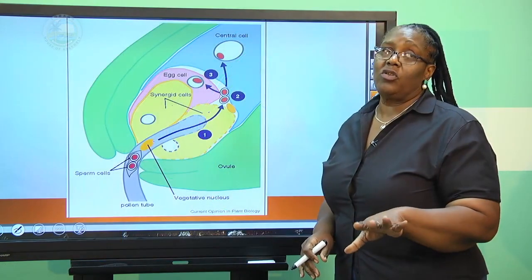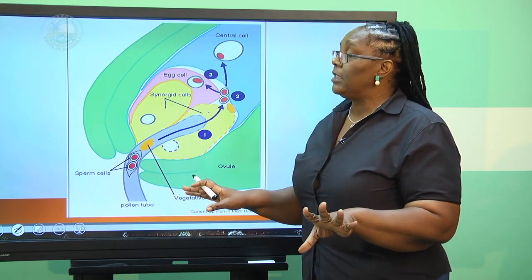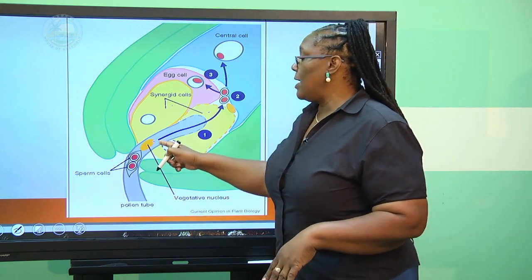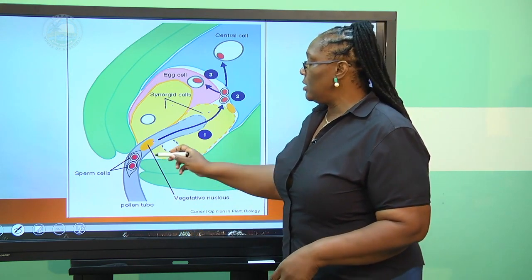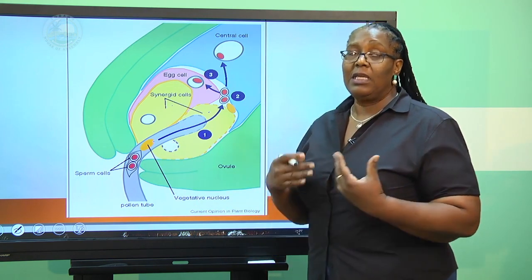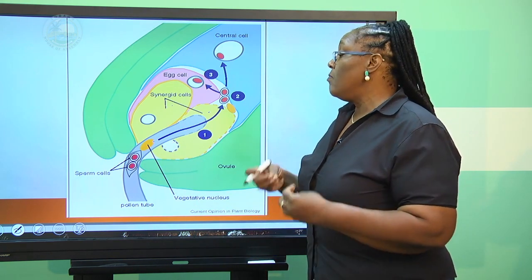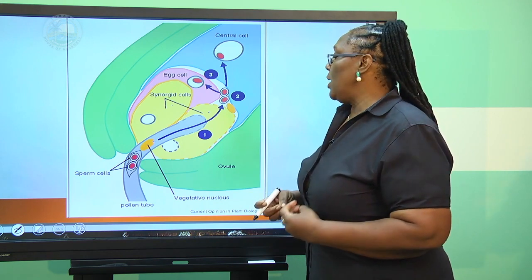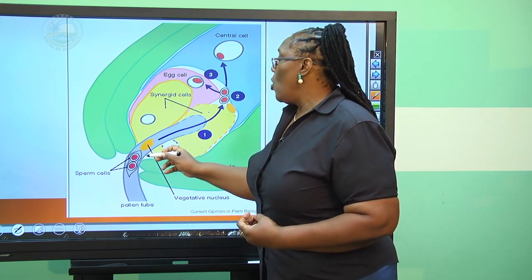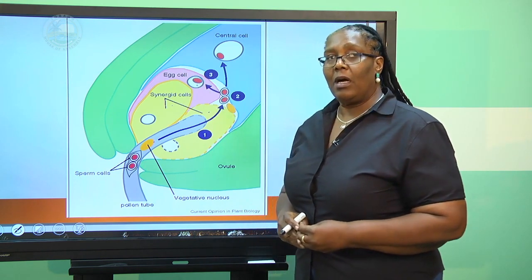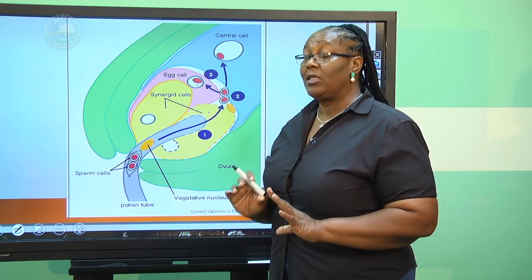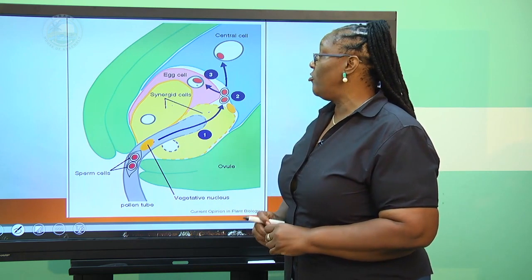So once that tube is completed its job, this no longer has any part to play in this process. It will eventually break down. These 2, however, these are the sperm cells, the male gametes, and what will happen is that one will join with the egg cell, and that will become the new zygote. That is the new plant for the next generation.